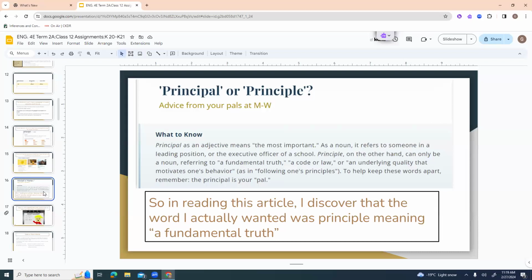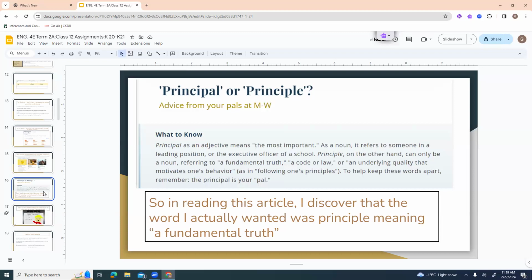Principal versus principle. I'm deliberately saying them a little bit differently. In real life, we often say them almost exactly the same. So principal, with AL, as an adjective means the most important, but it can also be a noun, right? It can refer to somebody in a leading position or the boss of a school, right?